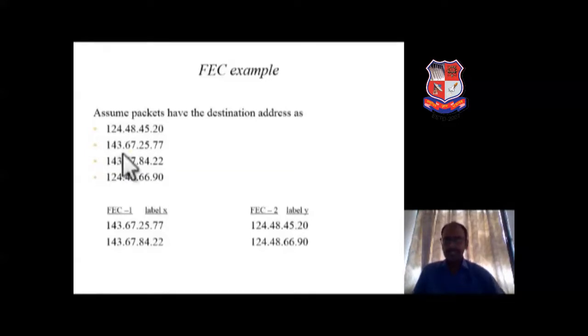Now we are talking about only the MPLS domain. So if we look at this address, assume that 124.48.45.20 is much more matching with this last address.